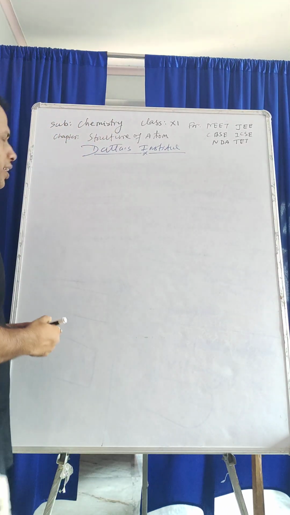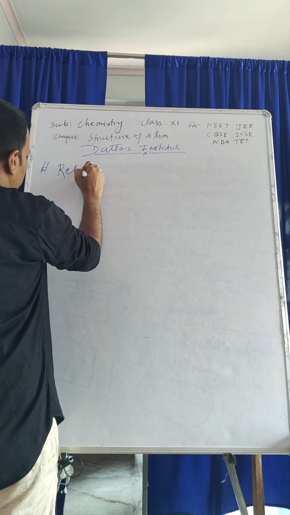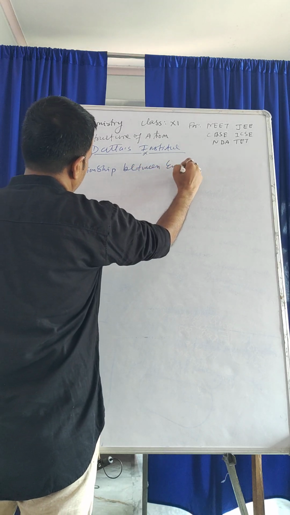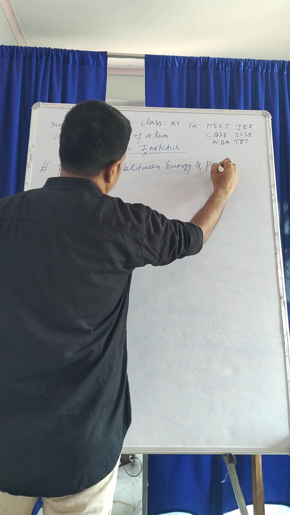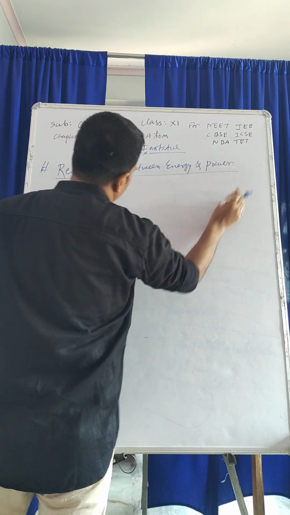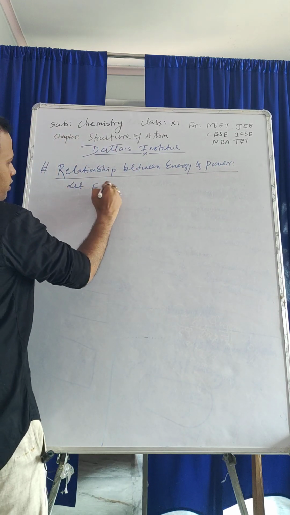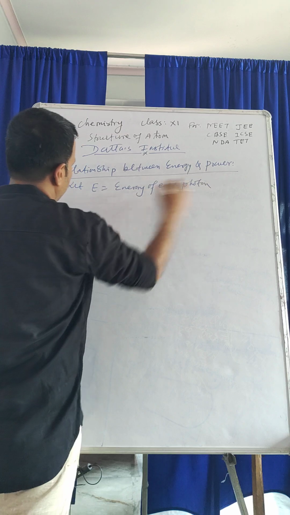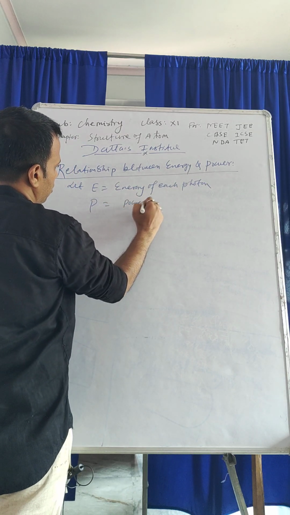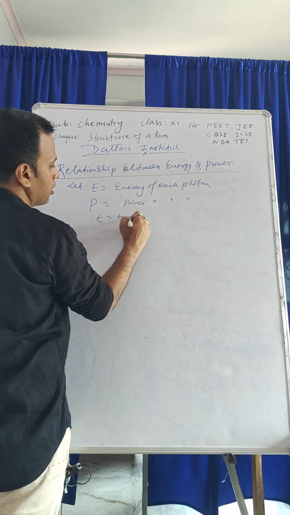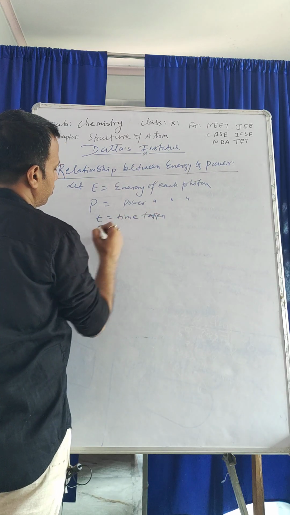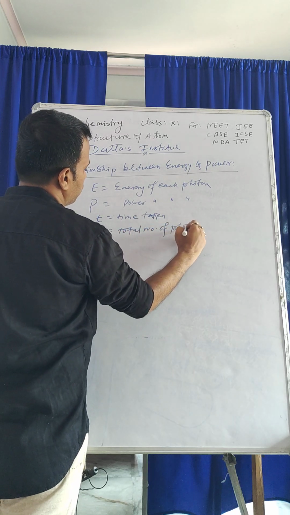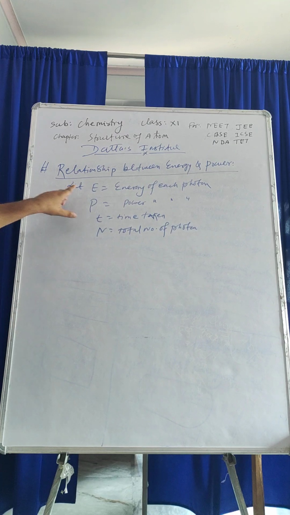So let E equal the energy of each photon, P the power, T the time taken, and N the total number of photons. So there is a relation between power and energy.